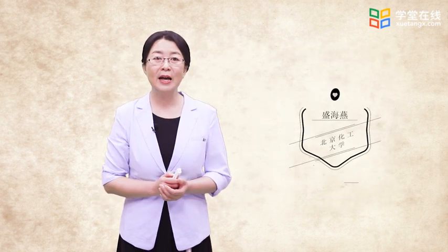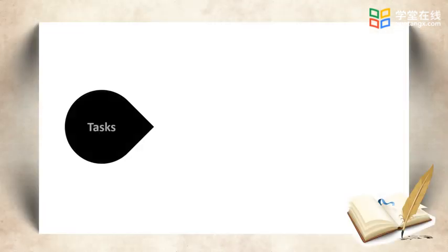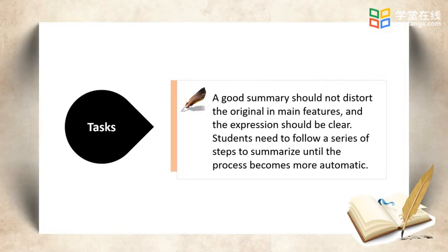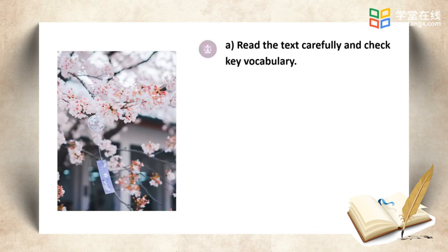In other words, a summary can range from 1 to 2% of the original to more than 50%. A good summary should not distort the original in main features, and expressions should be clear. Students need to follow a series of steps to summarize until the process becomes more automatic. A. Read the text carefully and check key vocabulary.